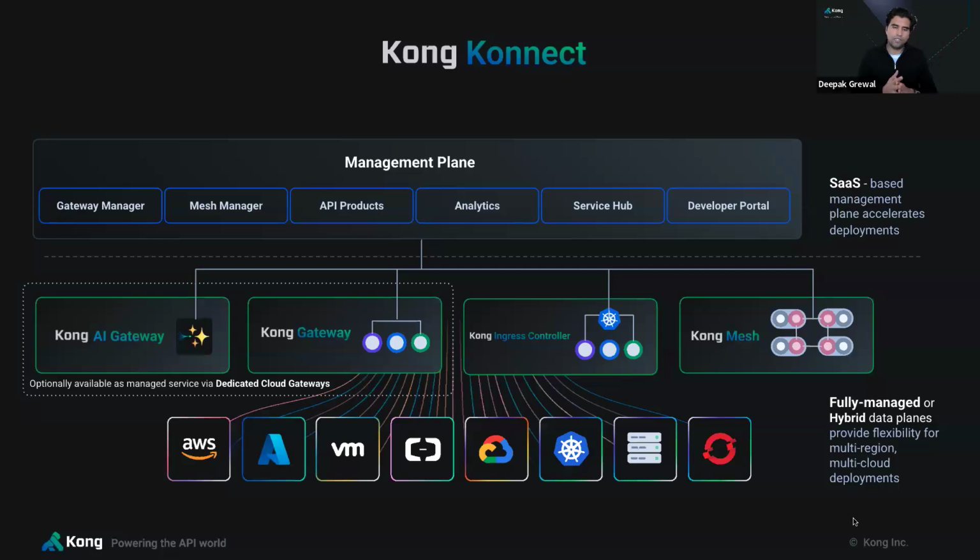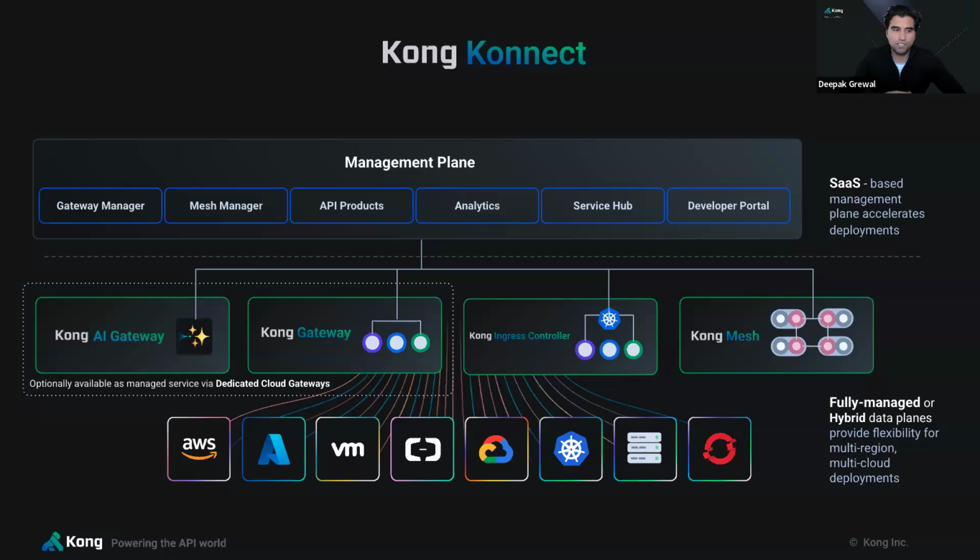Kong Connect, I want to talk about this as well. Kong Connect is our SaaS-based management plane. So again, we host it for our customers, and you can connect your runtimes, and those runtimes could be Kong gateways. Those could be Kong Ingress controllers in Kubernetes.